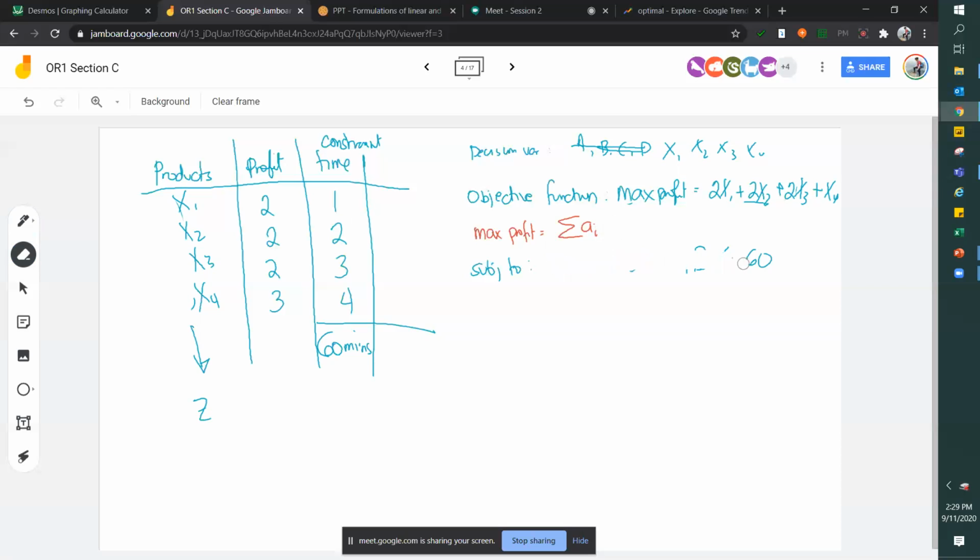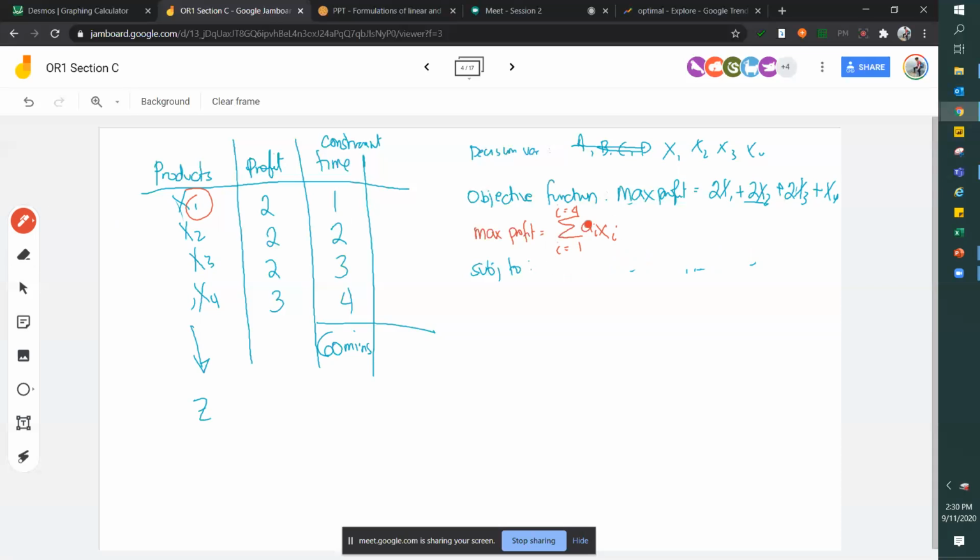Sa ganitong approach, X sub I, whereas your I is equal to 1 hanggang 4. Okay? Yan. So, easily represented na siya.